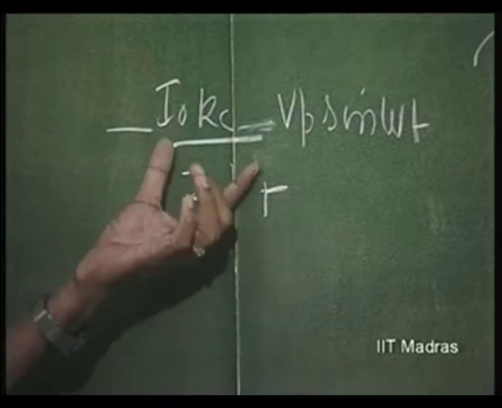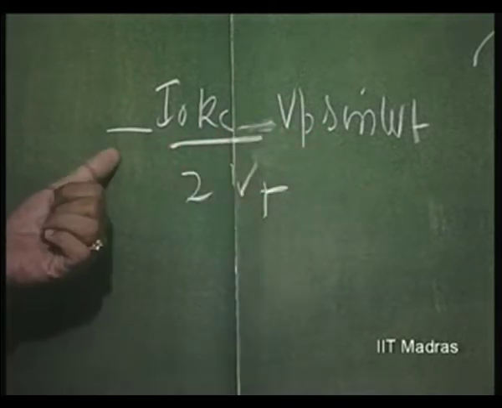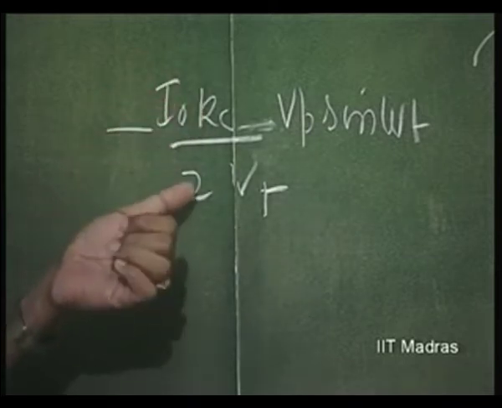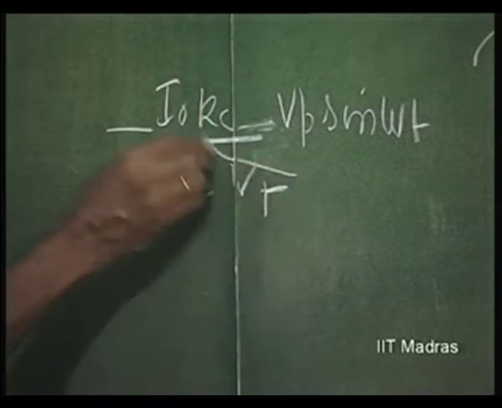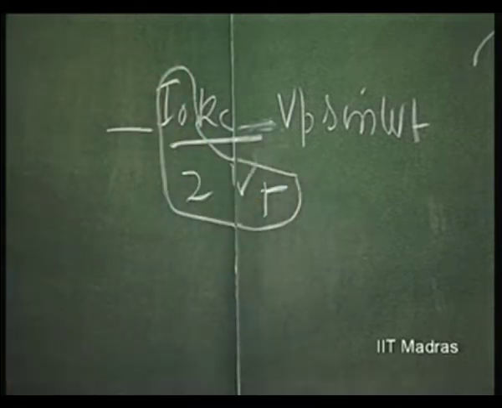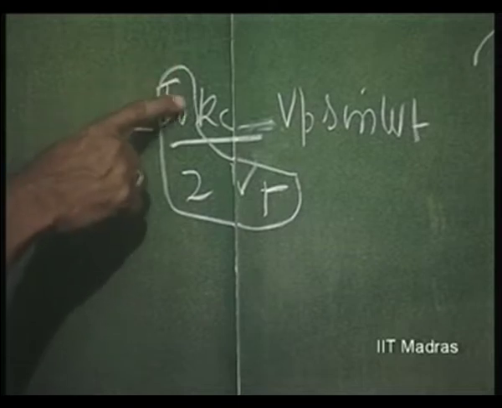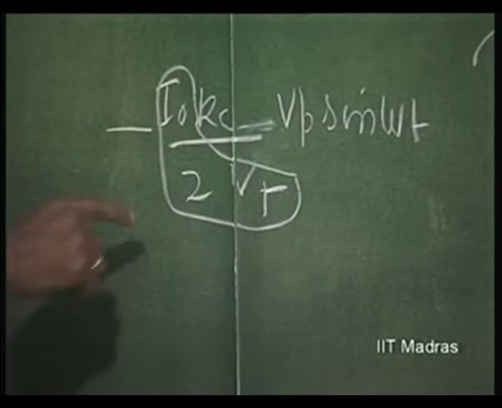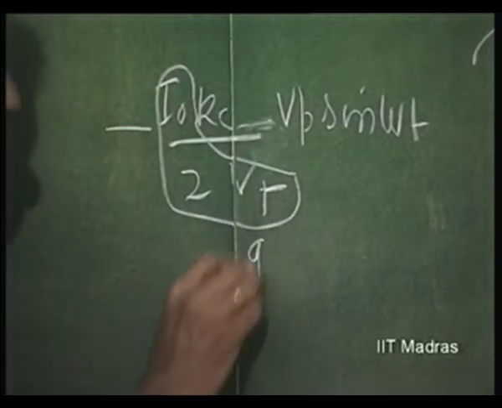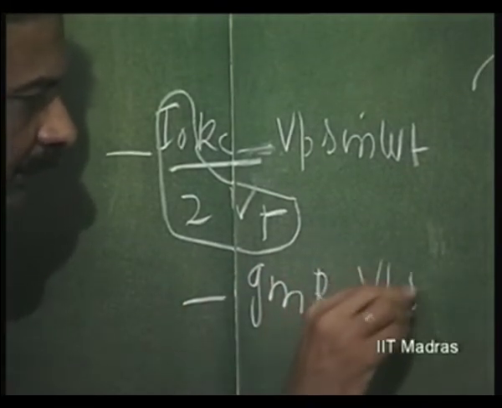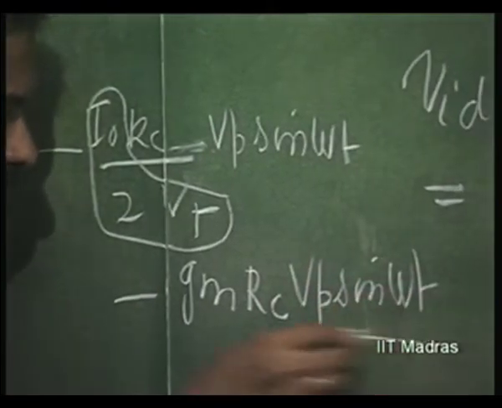This is the gain, this was the original signal, and there is a phase inversion. This whole thing is nothing but GM of the differential amplifier, GM into RC. Each transistor is operating at I naught by 2, and therefore, that I divided by Vt is the GM, that is GM into RC. So, this is minus GM into RC into Vp sin omega t. This is actually the wanted input.